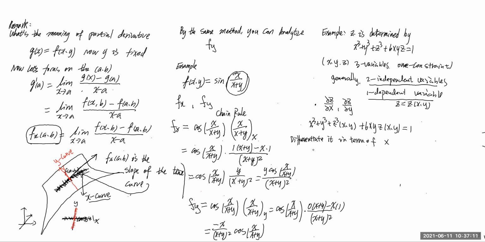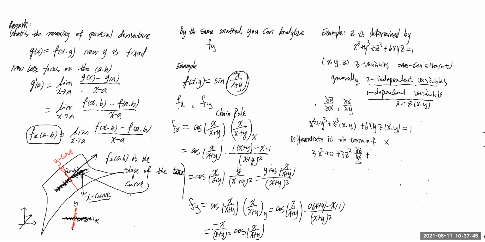So we get 3x squared plus 0, because y is independent of x, right? Y is also an independent variable. Plus 3z squared. But now z is a function of x, so you have partial z, partial x.